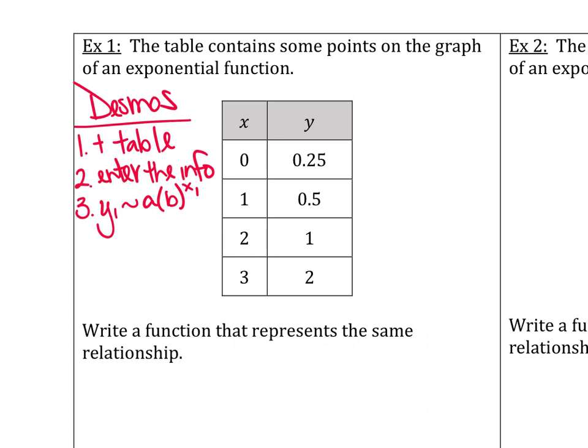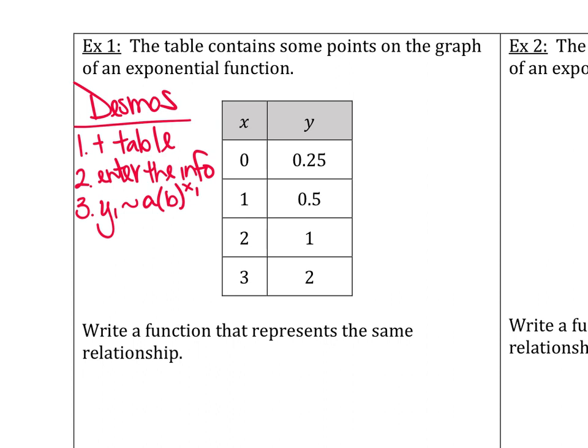After that, we're going to put in y1 squiggly a times b, close parentheses, raised to the x1 power. Now remember that you are putting your y1 and your x1 at the end.